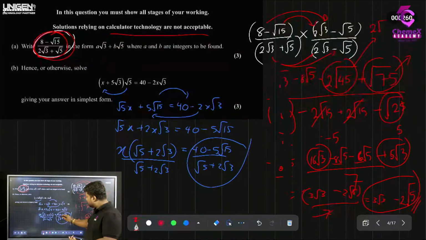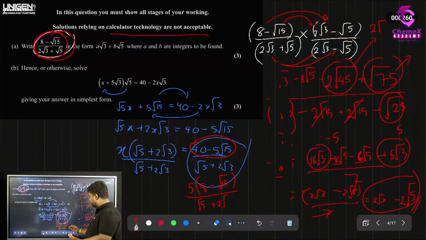So can you make this top part taking 5 out? If you take 5 out, what do you get? 8 minus root 15 over root 5 plus 2 root 3.